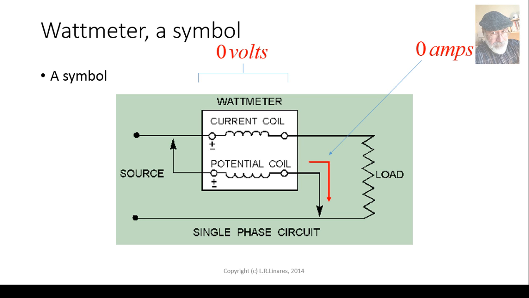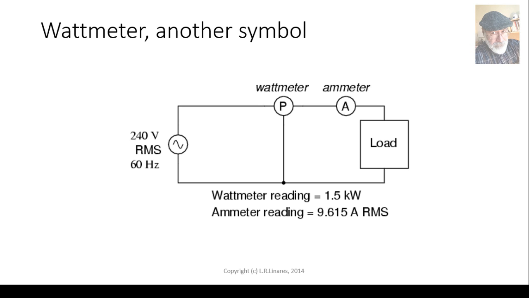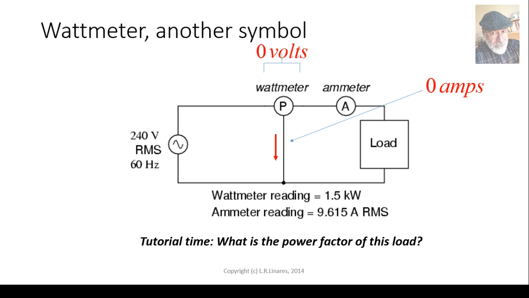So the potential coil has an infinite impedance. It's an ideal voltmeter as well. We can represent the wattmeter this way too. The voltage drop across the ammeter part of the wattmeter is 0, and the current through the voltmeter part is 0 amps. Ideal one.